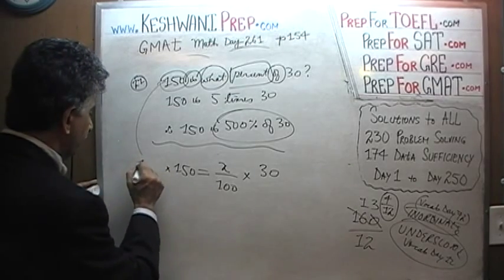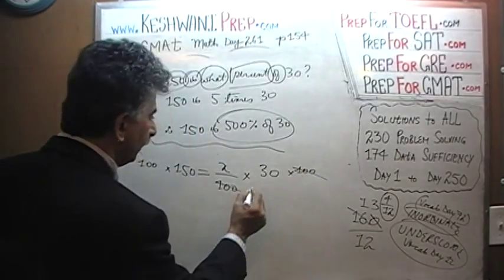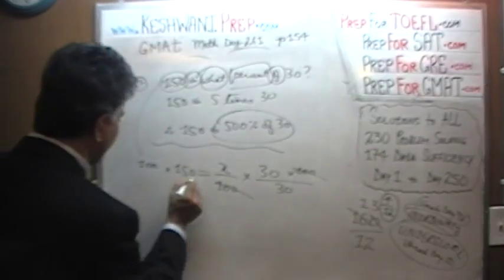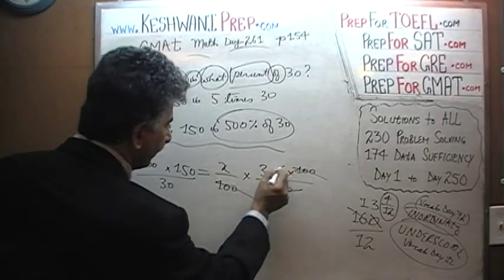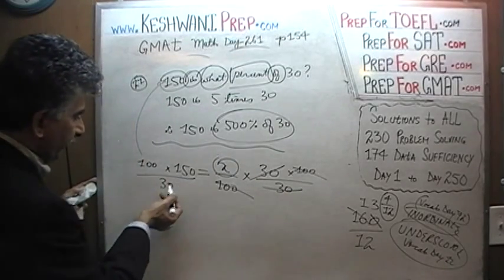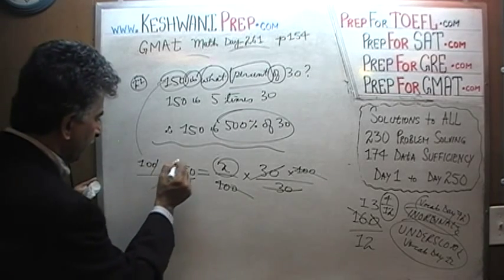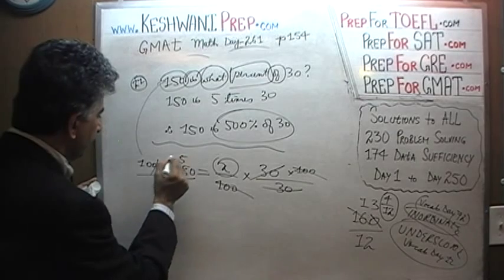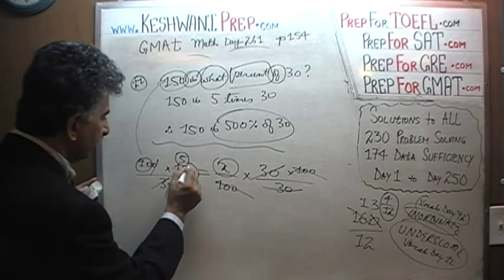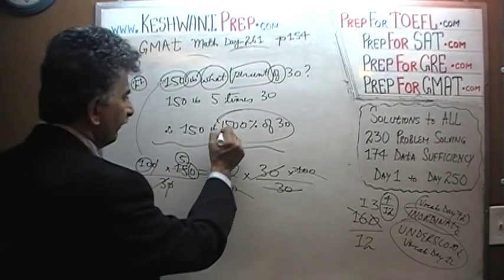Multiply both sides by 100, 100 drops out, divide both sides by 30, 30 drops out, and we're left with x. And x is simply 100 times 150 over 30. Divide top and bottom by 10, divide top and bottom by 5, and we end up with 10 times 50, which is our 500. The answer is 500%.